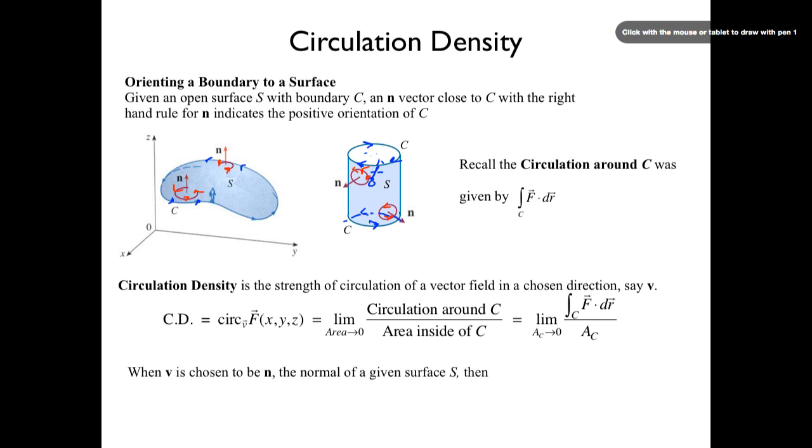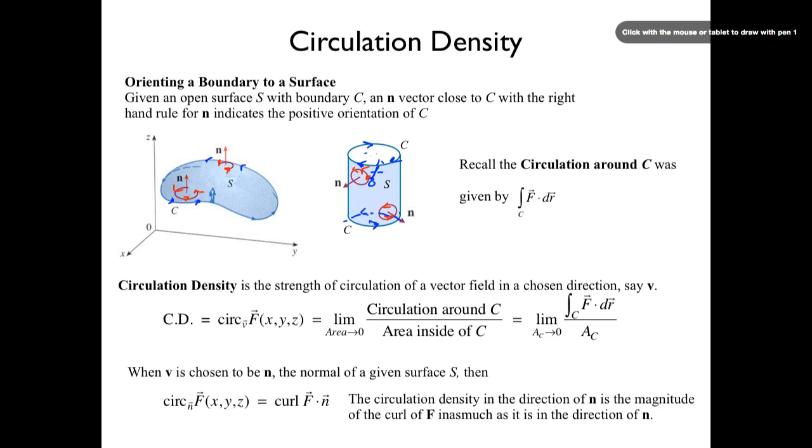All right, so when we choose V to be N for a surface, right? So we have a surface S, and choose the direction that we want as N for a surface. Then our circulation density becomes the curl of F dot N. So what is it? It's the magnitude of the curl in as much as in the direction of N, right?